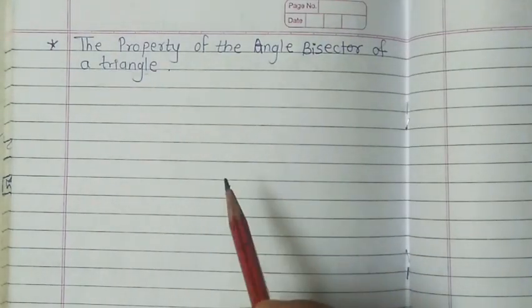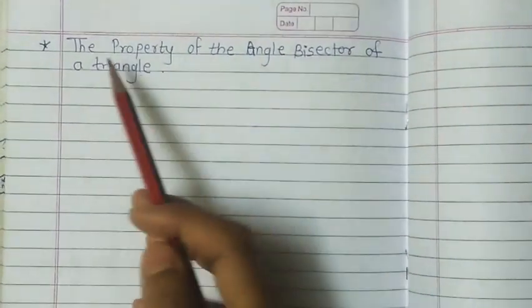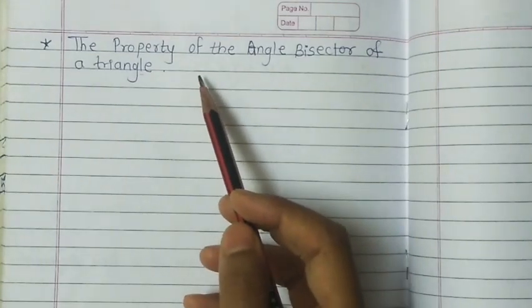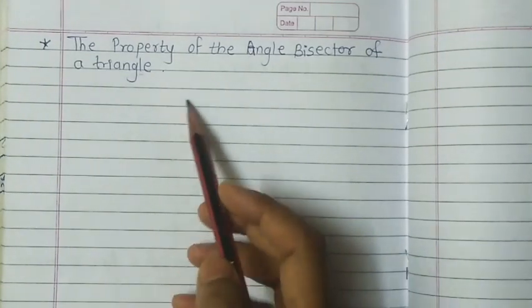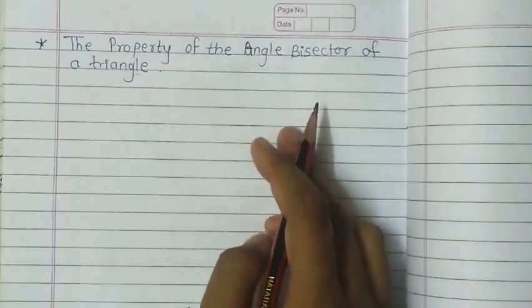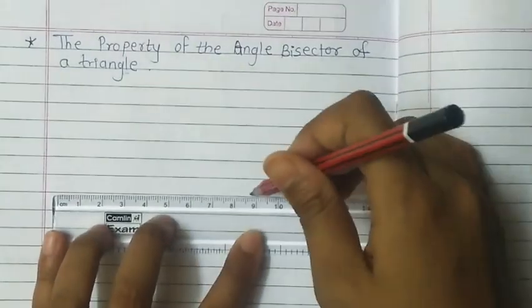Now our next point is the property of the angle bisector of a triangle. So first we are going to draw its construction. Here at first we have to draw a triangle. Draw the triangle.